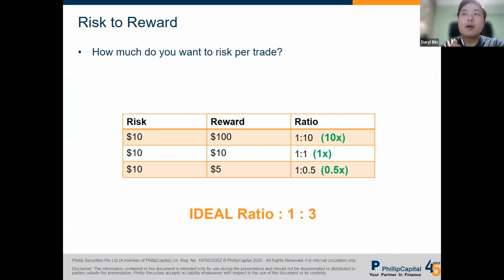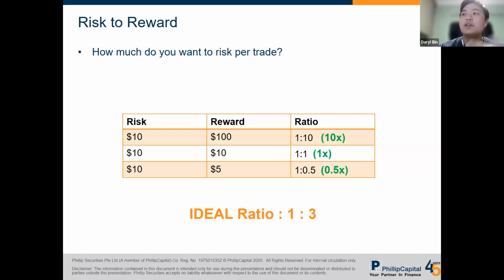Every $10 you trade, you definitely want to get $30 in rewards. So if your stop loss is $10, your take profit should be $30. So your risk to reward ratio is 1:3. If today you're risking $10, you want to get $30 or more.